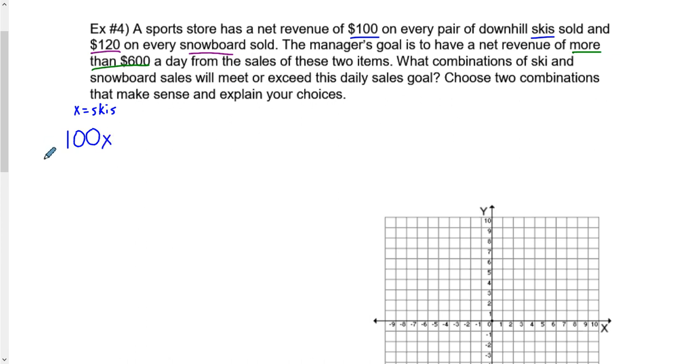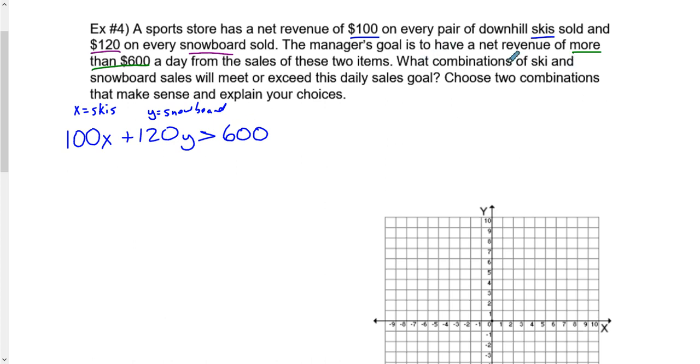So $100 for skis, adding $120 for snowboard. This revenue has to be more than $600 a day, which means greater than $600 a day.